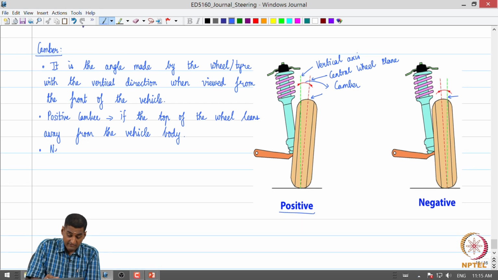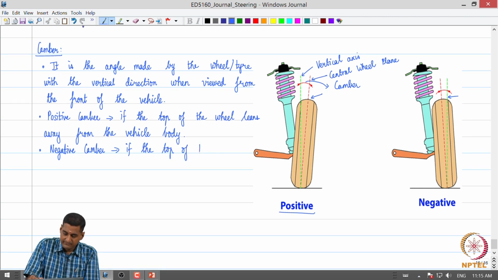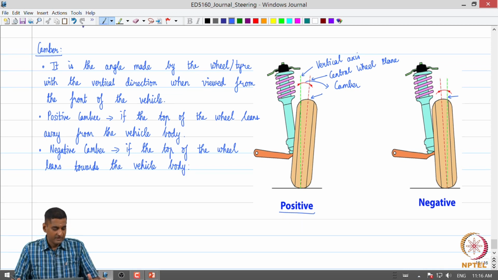So, we define negative camber as just the opposite. Okay. So, if the top of the wheel leans towards the vehicle body, okay, that is negative camber.